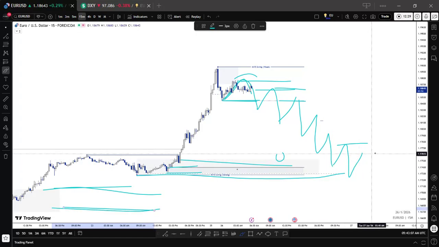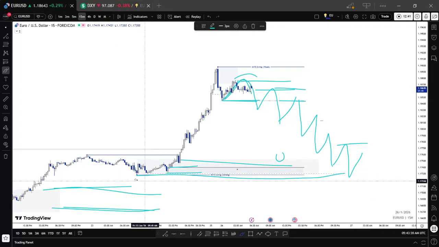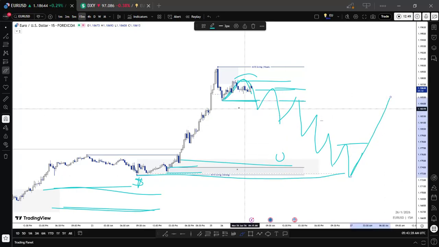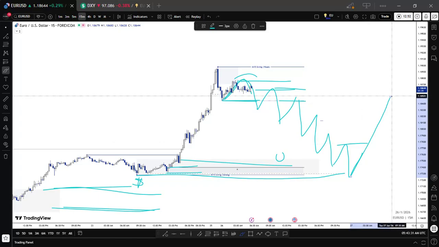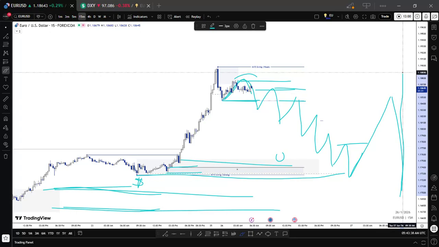Then once price mitigates it, we can expect this internal structure, depending how price will form after this break of structure, because even after the break of structure, there's a lot of sell-side liquidity resting below these lows, which might, after the sweep of the low, get the swing pullback after that sweep, and then we can get another bearish leg for price to mitigate the extreme demand. Then after that, maybe M15 swing will shift bullish to target the 4H swing high.